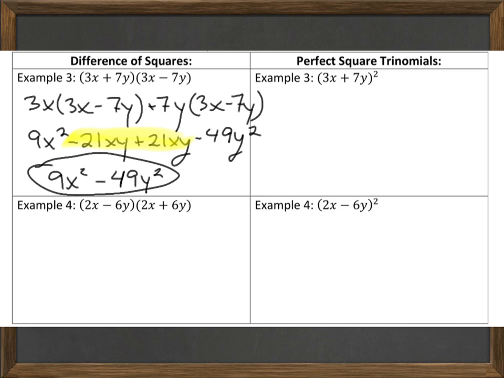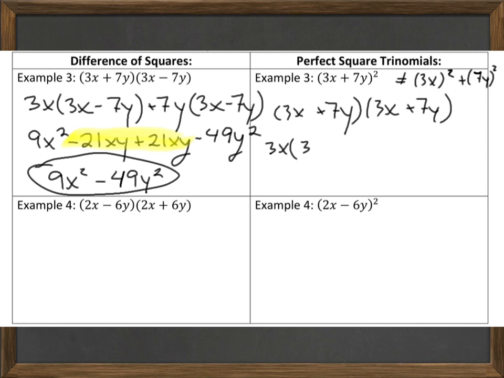Okay, turning our attention to a perfect square trinomial. Again, remember this is not 3x quantity squared plus 7y quantity squared. Instead, we have to rewrite it as 3x plus 7y times itself. Okay, so then I'm going to, again, use the distribution method and write it like this.